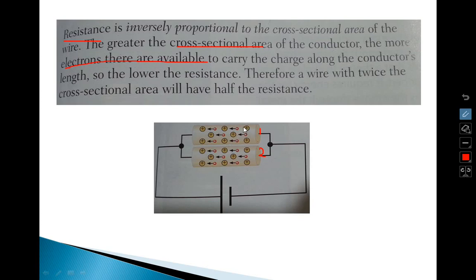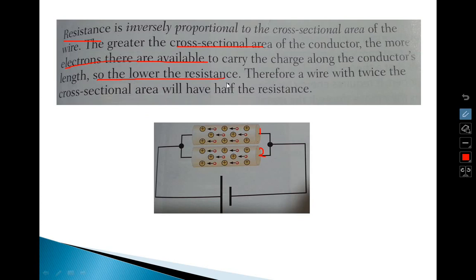If we have 10 electrons here, we will have another 10 here. So there are more electrons available to carry the charge along the conductor, and so we will have lower resistance.